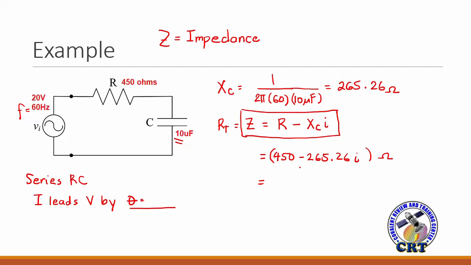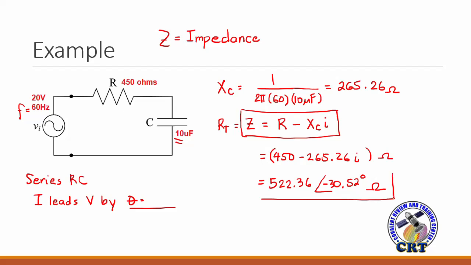So 450, negative 265.26. And this will give us 522.36. Then angle of negative 30.52 degrees.